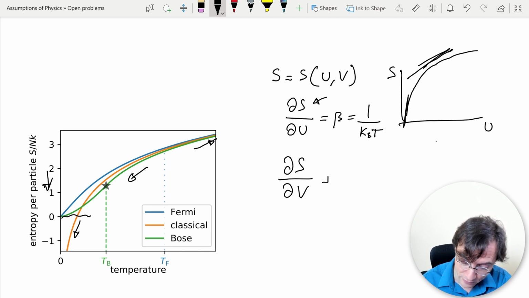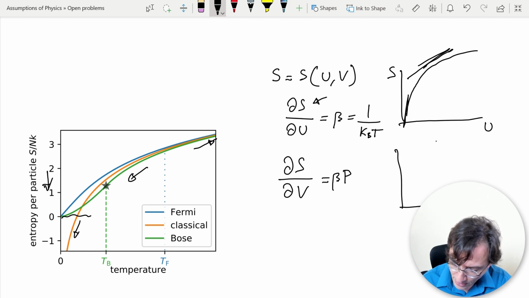Now you can do the same thing, and you're going to find that if we take the derivative with respect to volume, this is going to be beta times the pressure. And so again, if we keep the beta and therefore the temperature constant, and we draw the entropy as a function of volume, again, this needs to be a concave function.